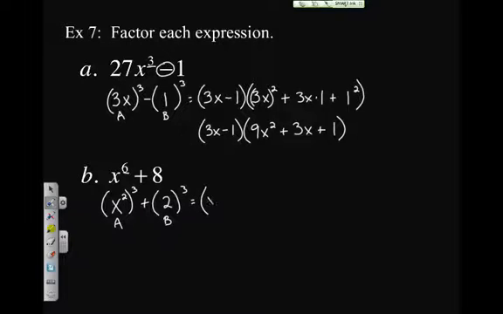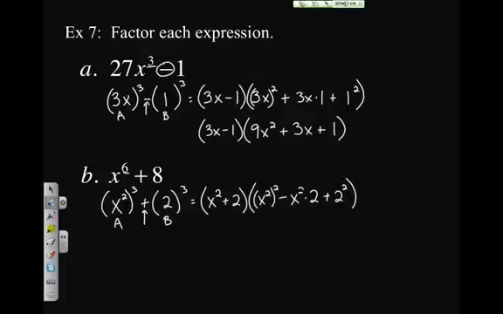First term plus second term. Remember, this is a different pattern because the last one was a subtraction and this one is a sum. So it's a slightly different pattern, but still very similar. First thing squared minus the first thing times the second thing plus the second term squared.